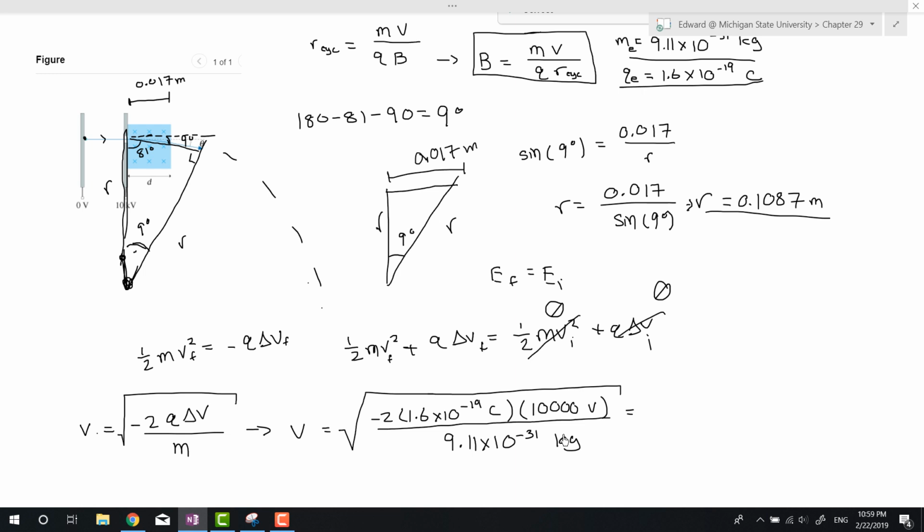Oh, by the way, the charge of an electron is actually negative, so that will do away with the issue that we can't take the square root of a negative. I actually tried to square root this with a negative. I feel pretty bad. Okay, but that will give us some big number.